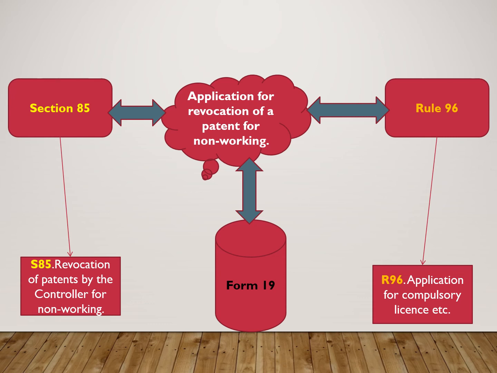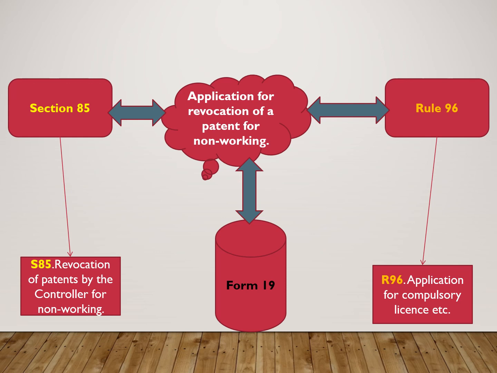Section 85 has the title Revocation of Patents by the Controller for Non-Working, and Rule 96 says Application for Compulsory License, etc. So we can establish here the relations between the section, the corresponding rule and form 19, and we can say the keyword here is revocation.